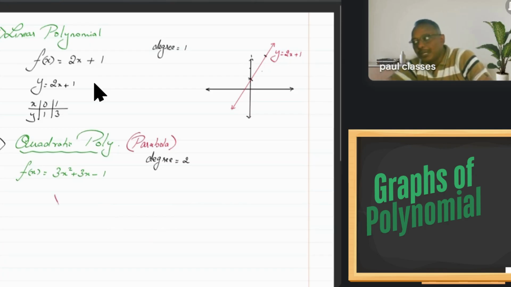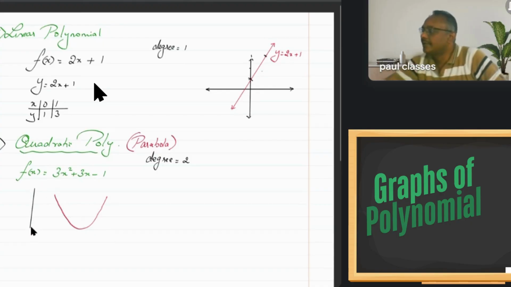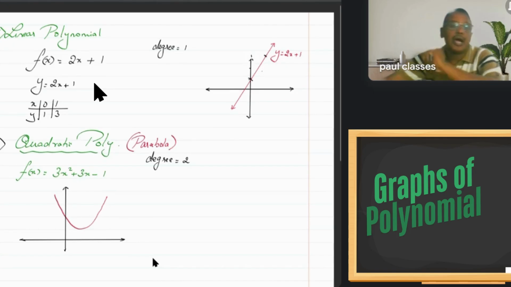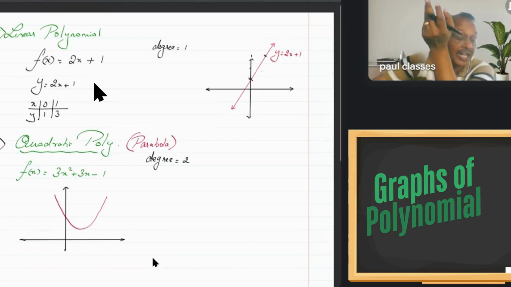A U shape like this can be of the form, when the x-axis and y-axis are like this. Now how many times is it intersecting the x-axis?